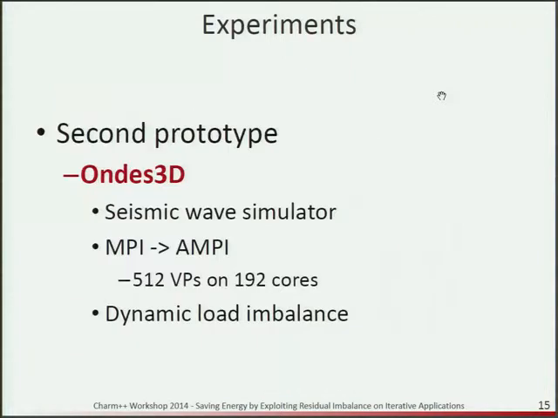For the second prototype, we did some experiments using Ondes 3D. So Ondes 3D is a real application, a seismic wave simulator, where we have this three-dimensional region that is going to be decomposed as a 2D mesh, okay? And for Ondes 3D, we have two sources of load imbalance.